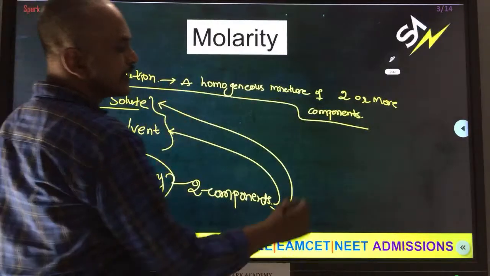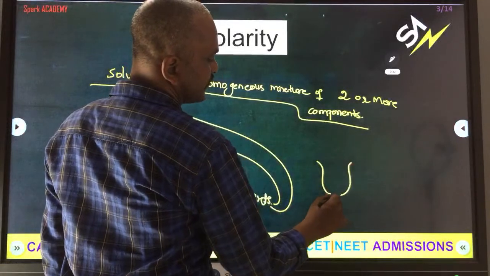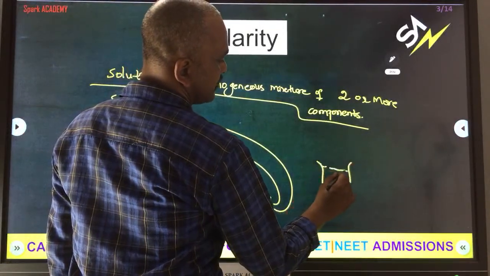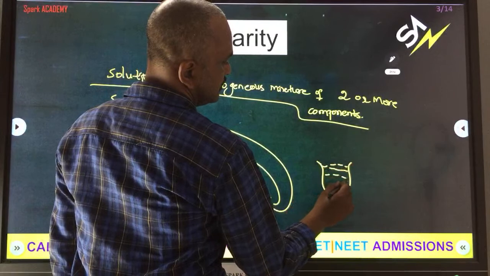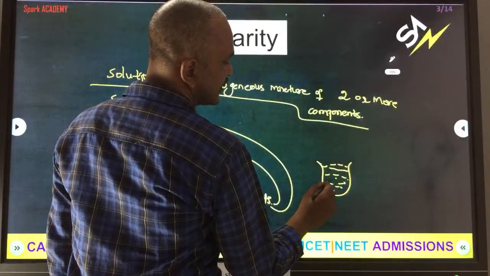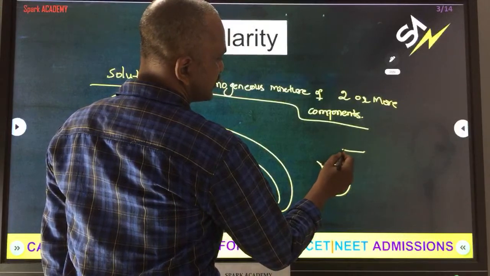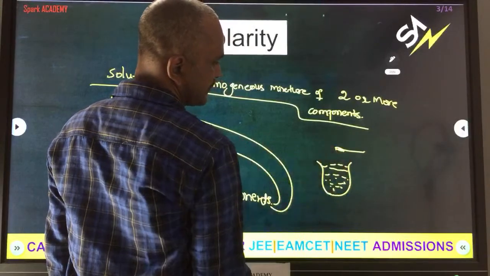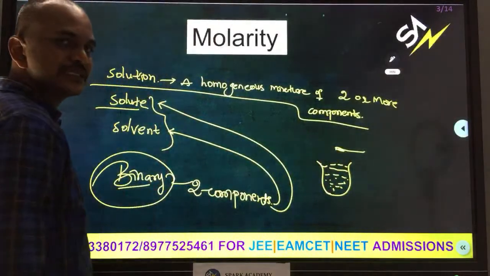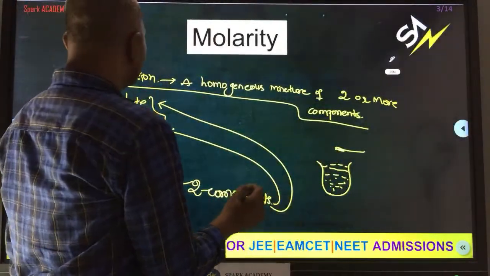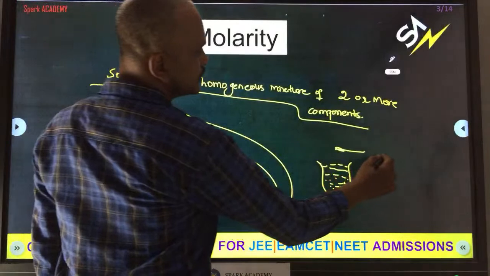For example, in a glass, 1 liter of water I have taken. In this glass, 1 tablespoon of sugar is added. So what is less quantity here? The less quantity is sugar.